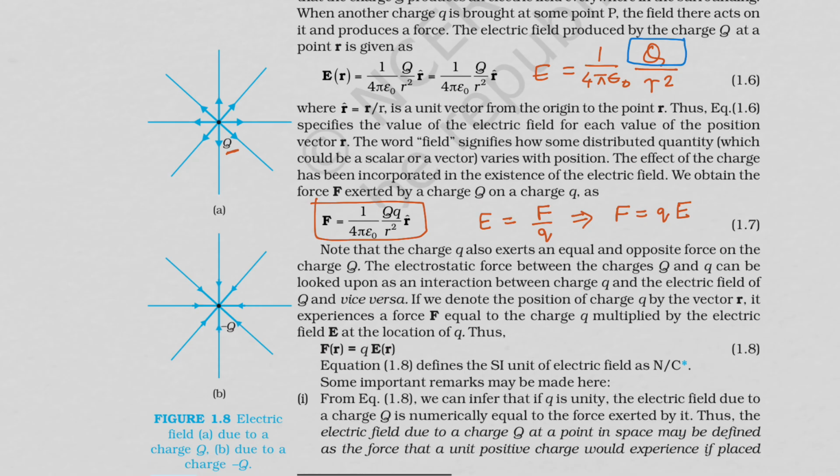And the arrows, what you can see, these arrows are outward because it is a positive charge. That's why the lines which represent the electric field have arrows pointing outward. And when the charge is negative, we have the same lines, but the arrows are inward, towards the point of origin, or towards the charge minus q.